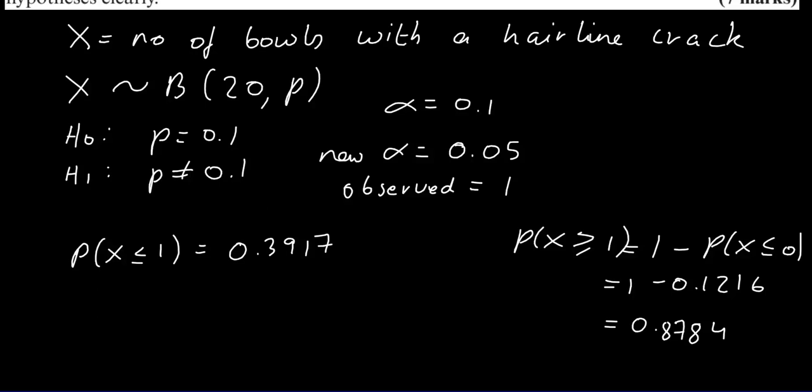In both cases, what we can see is that this probability is greater than 0.05. This is greater than 0.05 as well.